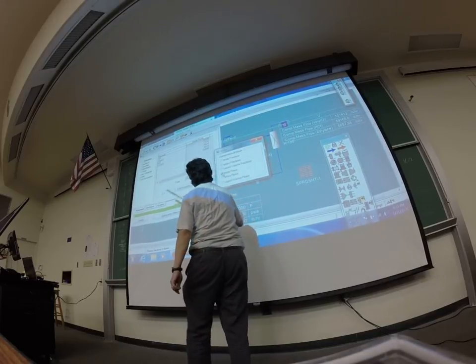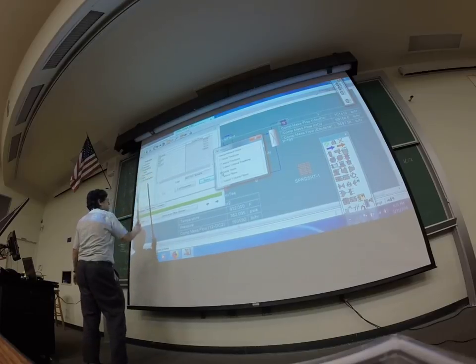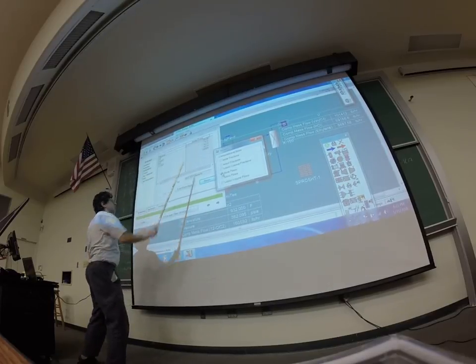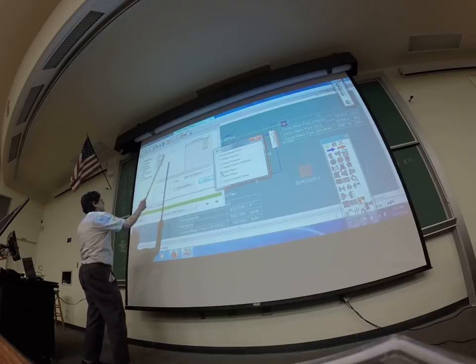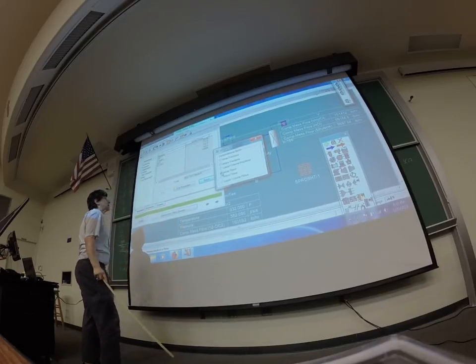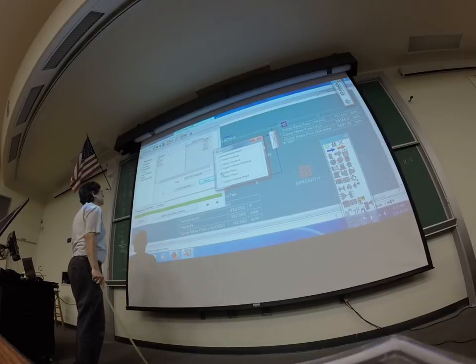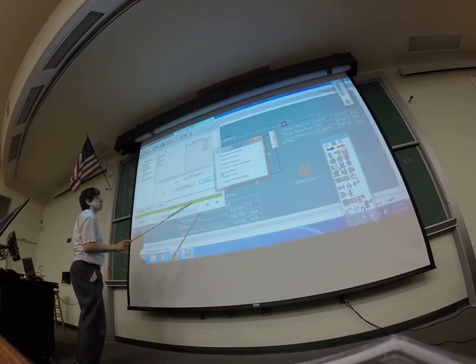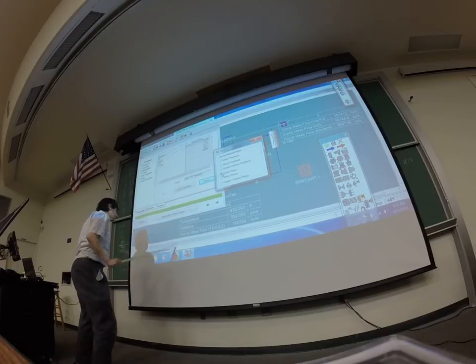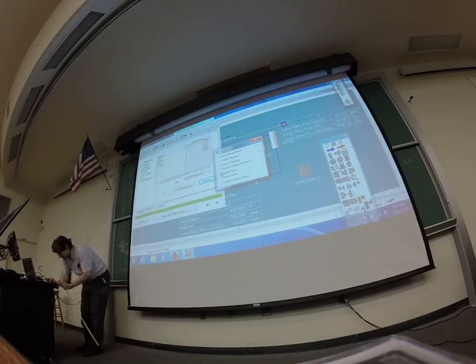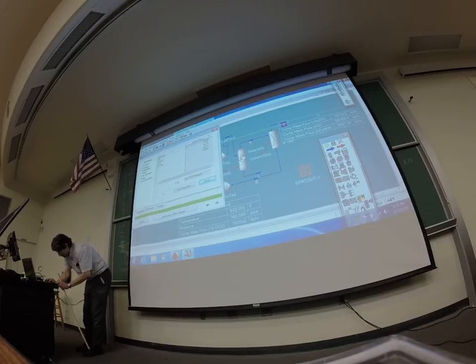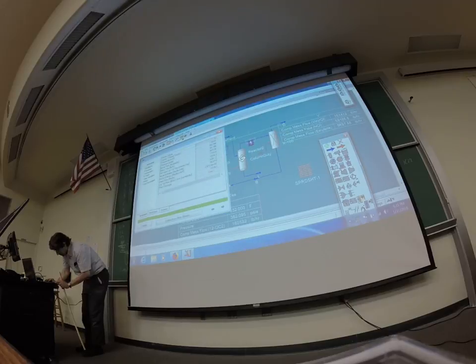Go to composition and select basis molar flows. You see that the vinyl chloride molar flow is 1622.8, and the dichloro, oh sorry, wrong stream. Go to the B stream, composition, and take molar flows.